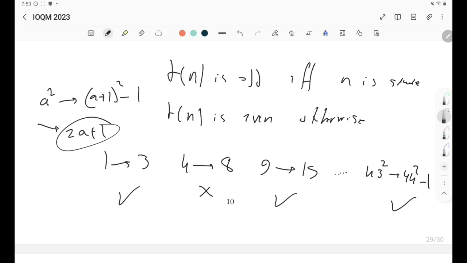Same technique here. If you just need to find sigma of 2i plus 1, where i is odd. Here i was 1, here i was 3.